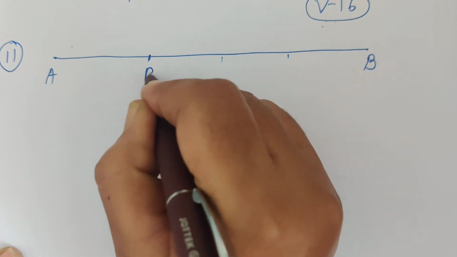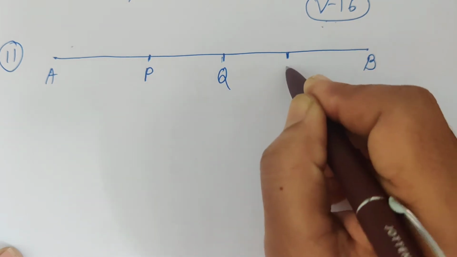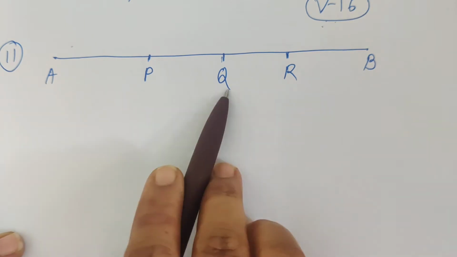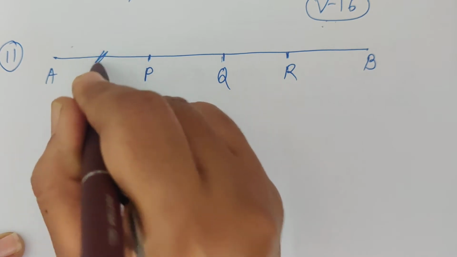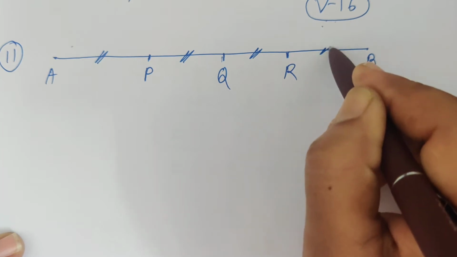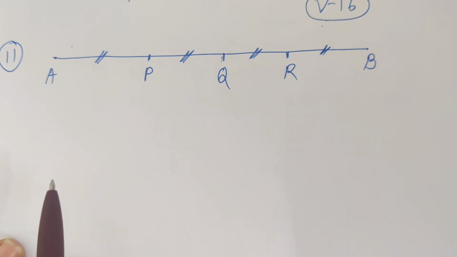Suppose we call the first point P, the second point Q, and the third point R. It is said in the question that segment AB is divided into 4 equal parts by the points P, Q, R. So 4 equal parts means AP is congruent to PQ, congruent to QR, congruent to RB. All these are 4 equal parts.